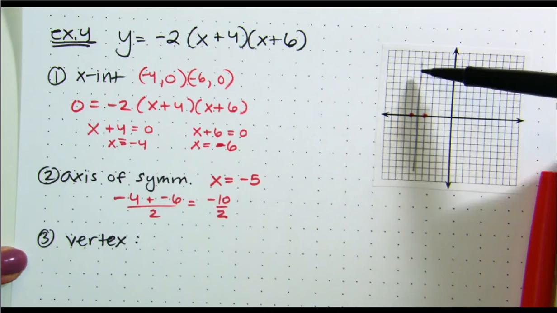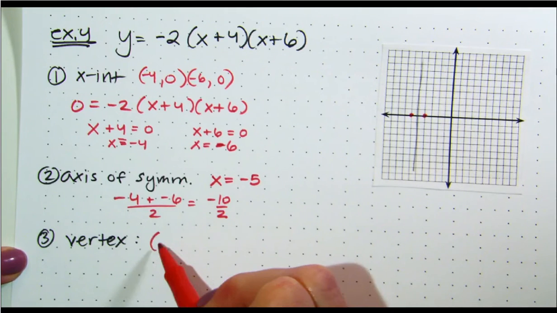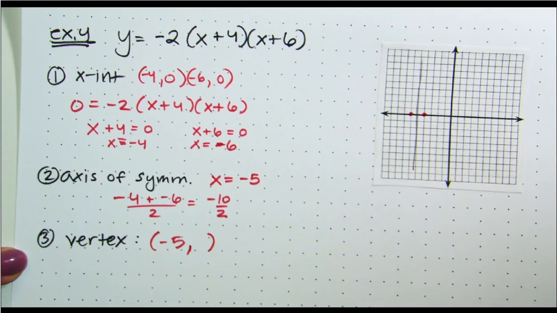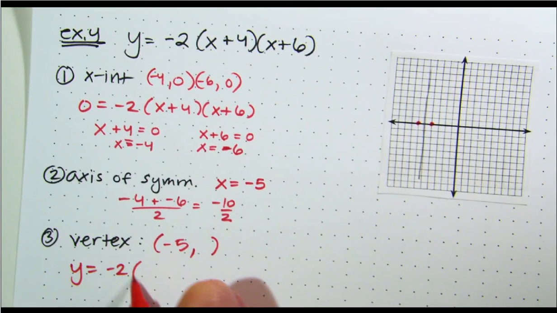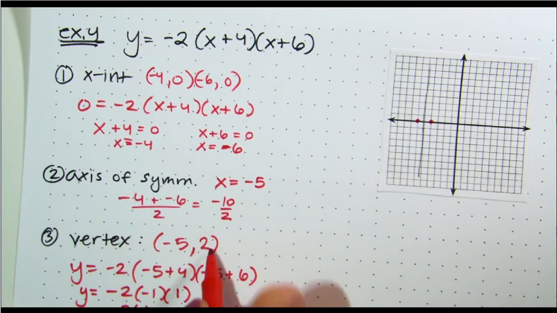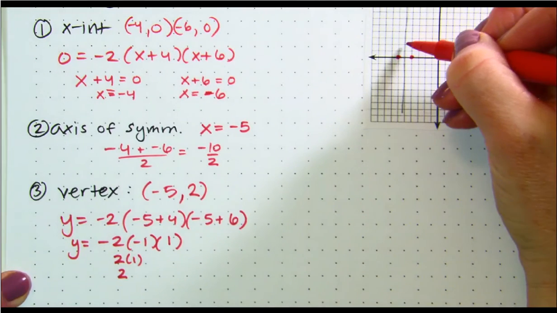I know the vertex is going to be somewhere along the axis of symmetry line, right? So I know that my x-coordinate will be negative 5. I just have to figure out the y. So I'm going to substitute negative 5 in for the x's up there. So we get y equals 2. So negative 5 and 2.